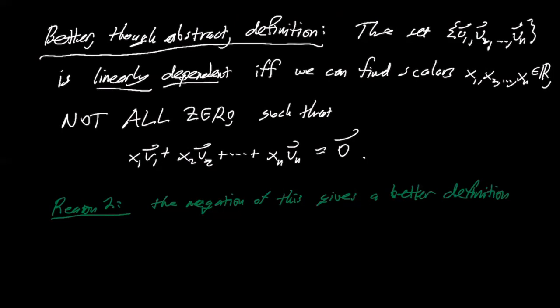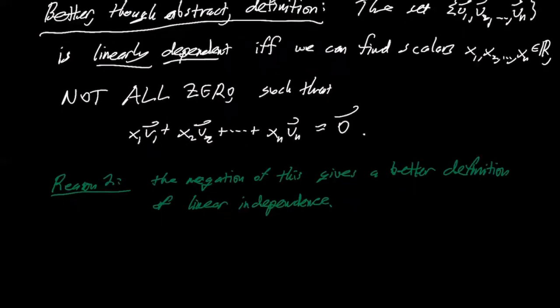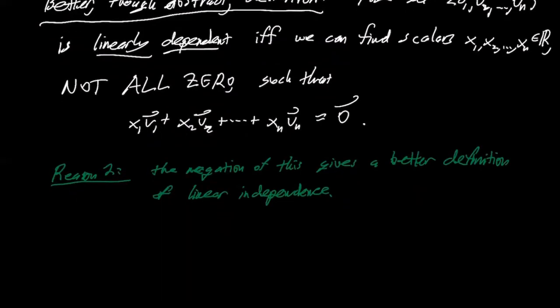So what definition is that? Let me write that down. Again, I could just say the set is linearly independent if it's not linearly dependent, but I want to think about this.